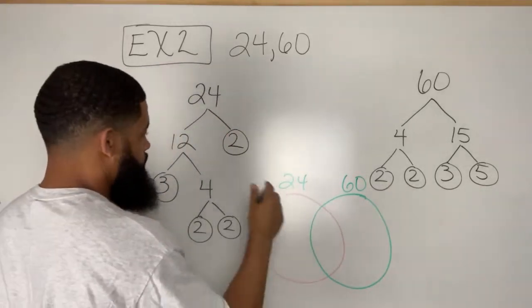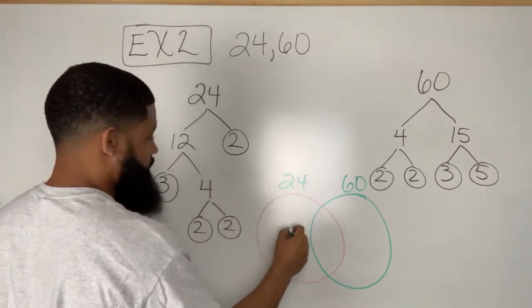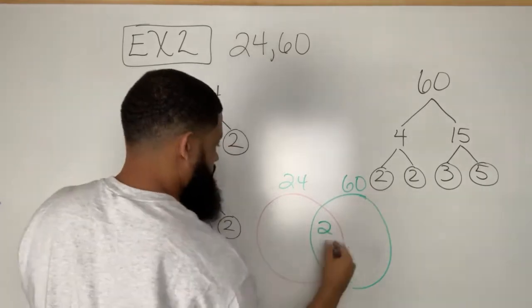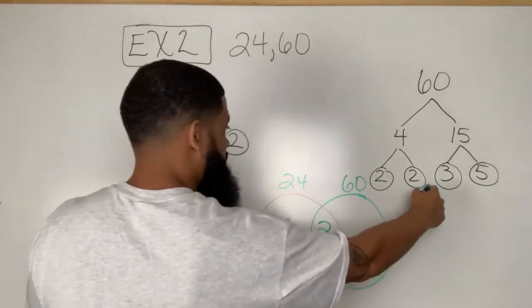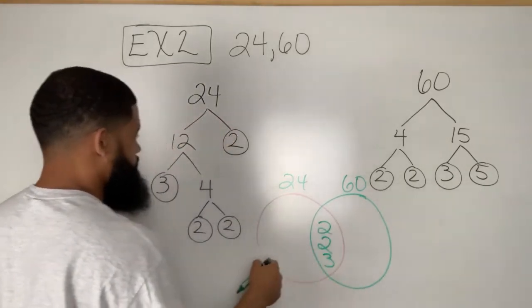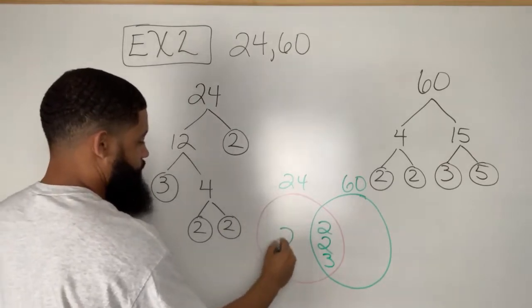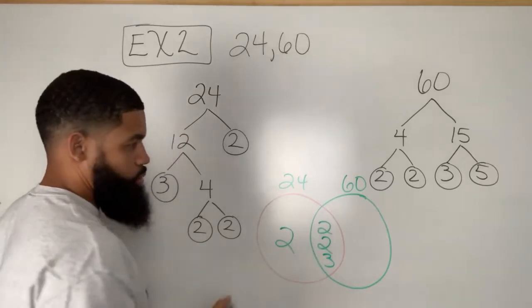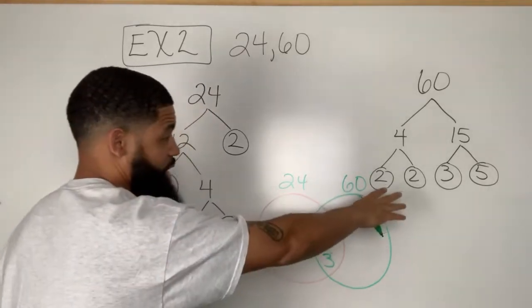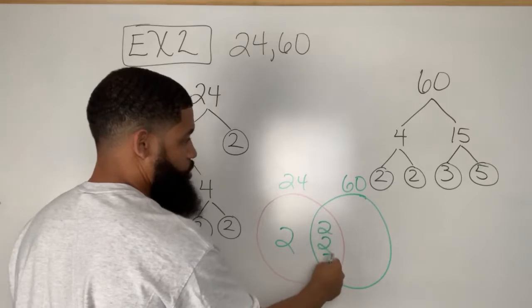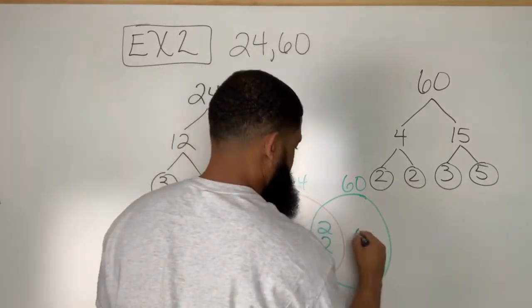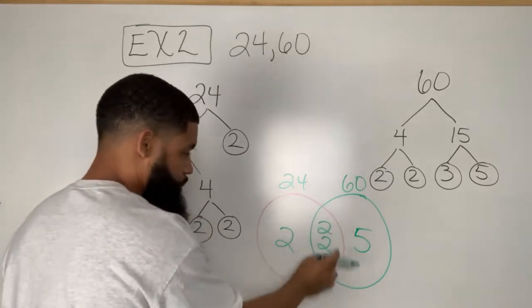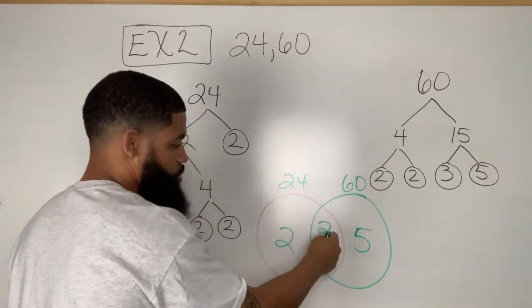They have a 2 in common, another 2 in common, and a 3 in common. Here I still have another 2. Over on this side, I still have a 5. So the common factors are 2, 2, and 3.